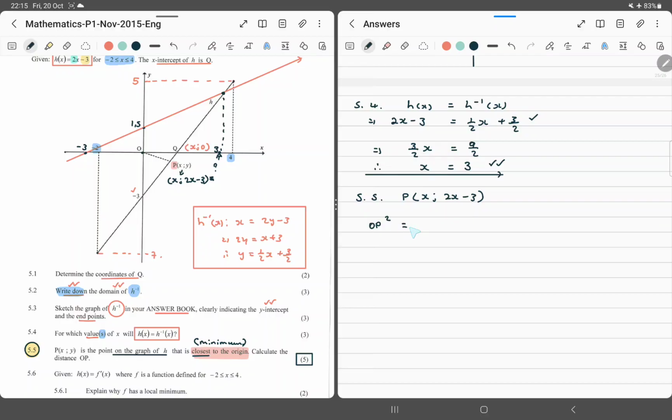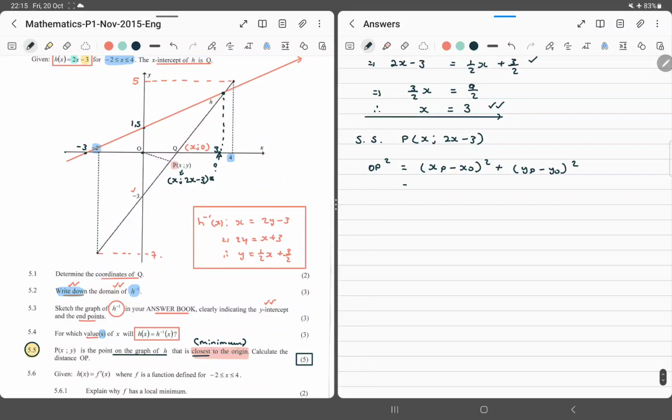So we can just say OP squared is equal to x at P minus x at O all squared plus y at P minus y at O all squared. Then we go on and substitute. X at P is x, minus x at O is 0, all squared. This is basically 2x minus 3 minus 0 all squared.